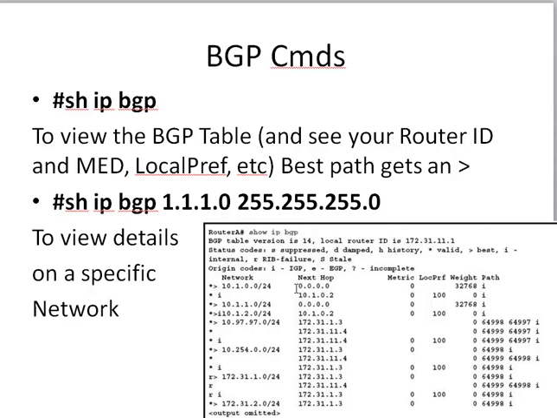Next hop, which is my default gateway here, is the best path to 10.1.0.0. Actually, this is kind of a bad example because it's the next hop. Let me see another one here. Let's do 10.97.97.0/24. I have three ways to get to this particular network. In this case, I am choosing this one right here.